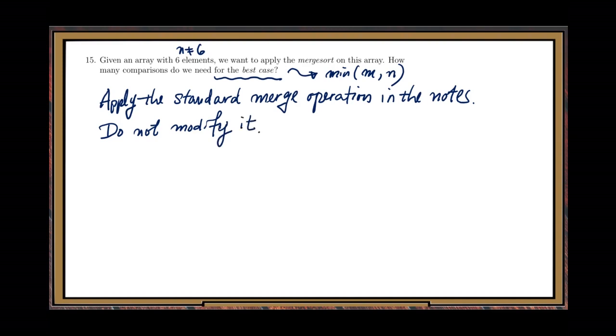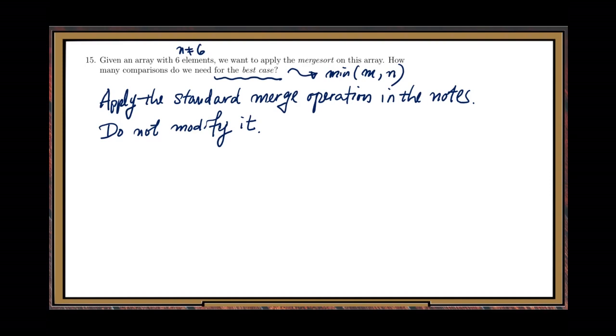Because some students thought about some smart way to get a very good best case efficiency. But that way you modify the standard merge sort.